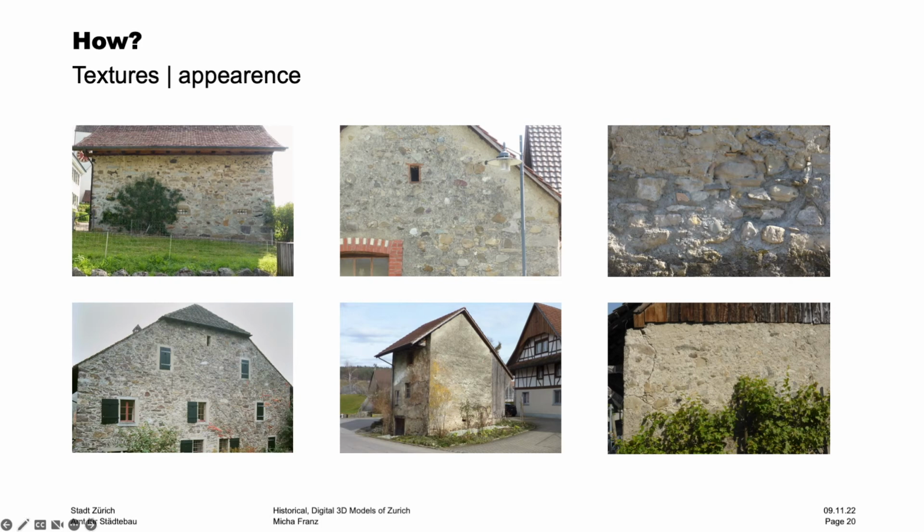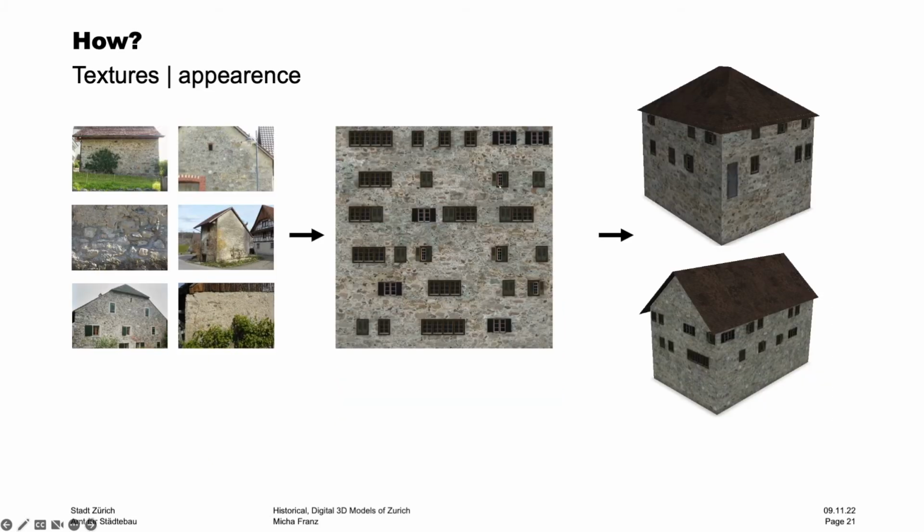Here's another example, this time with different kinds of stone facades. And what's really cool about this approach is that it can be used for a different time period by really only changing the input textures. Of course, these have to get derived the same way as the ones that I've just shown, and this takes some effort.